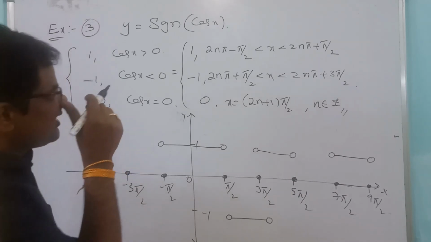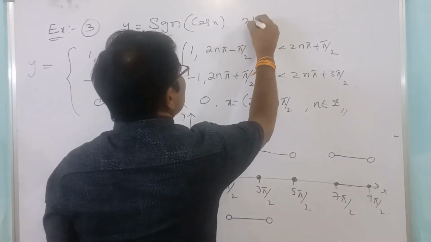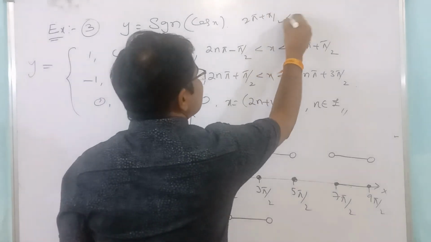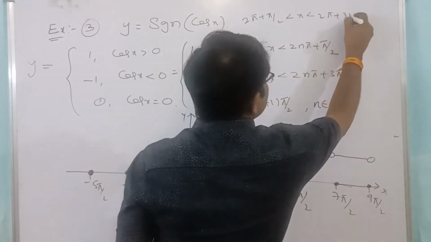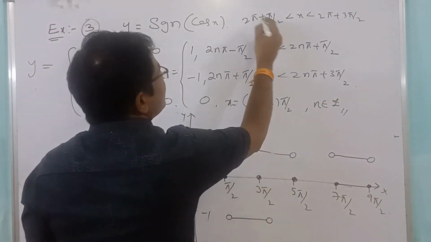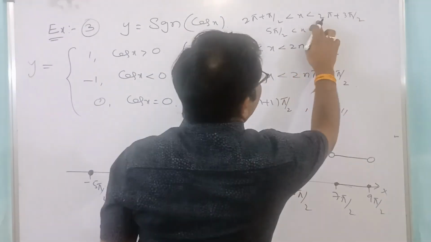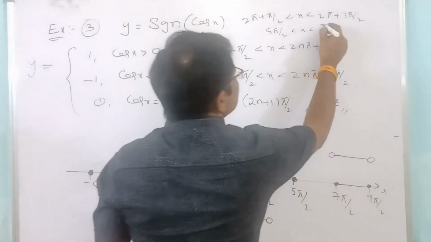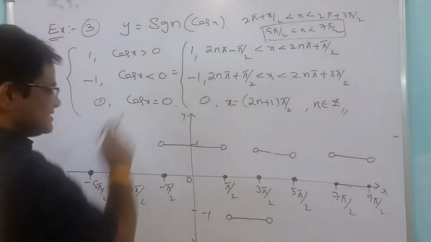Right. Next, n equal to 1 you substitute: 2 pi plus pi by 2 less than x less than 2 pi plus 3 pi by 2. Now here 5 pi by 2 less than x less than 4 plus 3, 7 pi by 2. Means 5 pi by 2 to 7 pi by 2, cos x is less than 0.